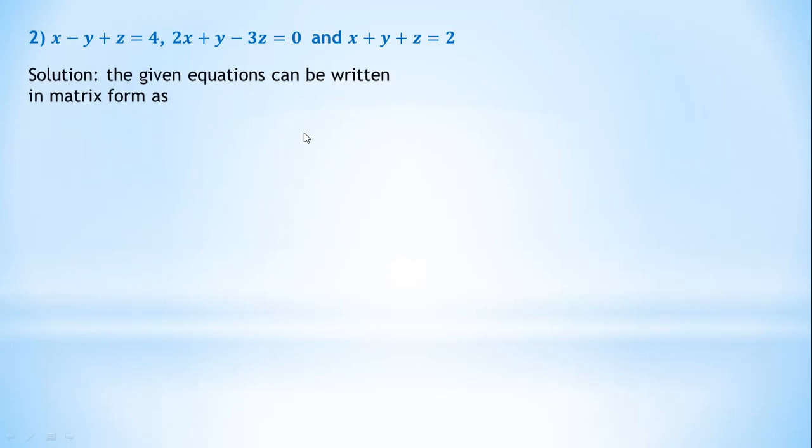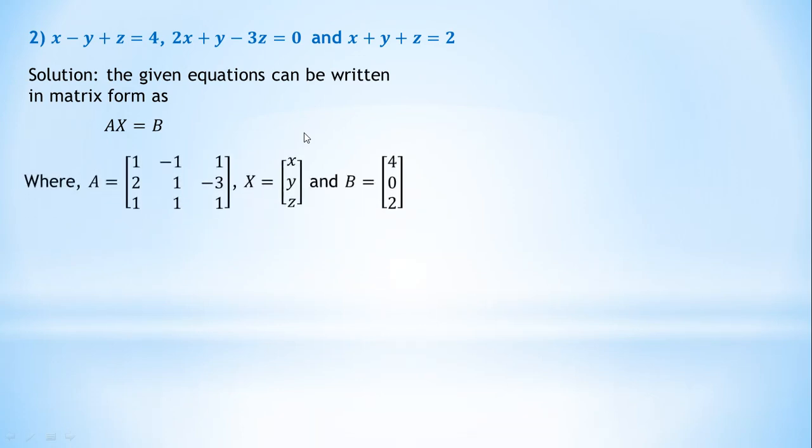Again by the same technique we will write the given equations in the form of a matrix, that is AX is equal to B, where A is equal to 1 minus 1 1 from the first equation, then 2 1 minus 3 from the second equation, and 1 1 1 from the third equation. Then X is equal to x y z, B is equal to the matrix 4 0 2, which is of the constants on the right hand side.